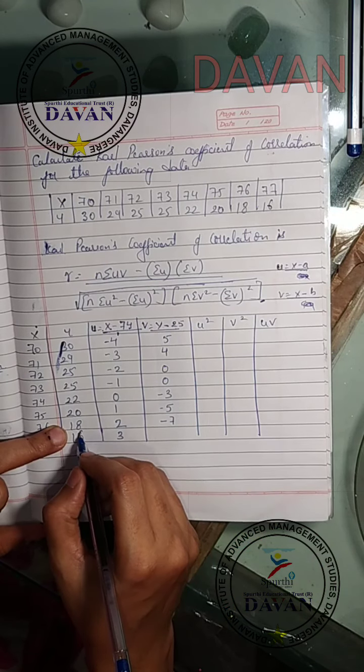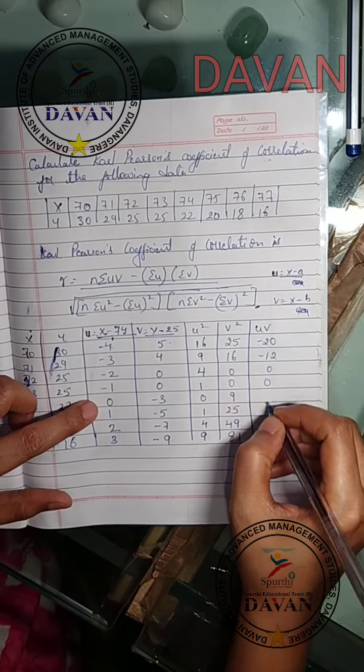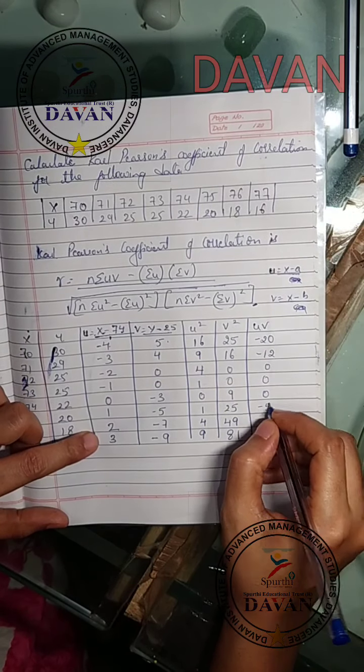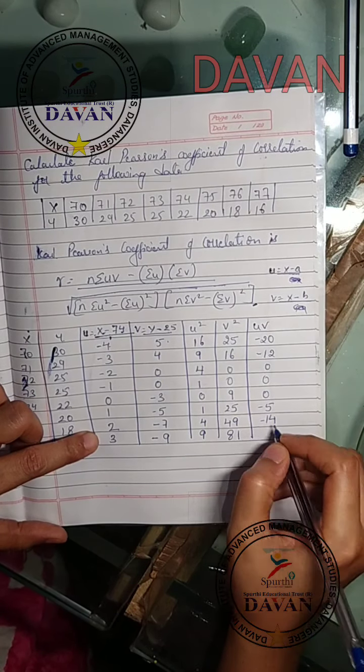U into V, we are supposed to take the product of this. Minus 4 into 5 is minus 20, minus 3 into 4 is minus 12, 0, 0, 0, minus 5, minus 14, minus 27. So take the total of all this.